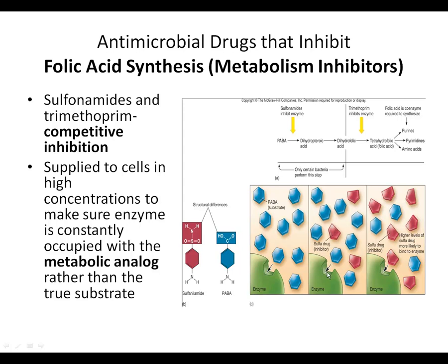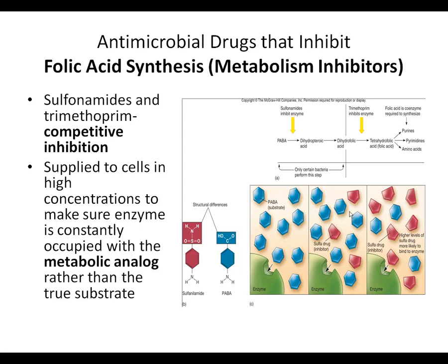This sulfa drug binds into the enzyme, and the substrate can't bind, so you get no product. You're going to have a constant flow of the sulfa drug so that it can continually occupy that enzyme for the treatment, so that folic acid doesn't get made, and you begin to decrease the number of bacteria that you have in your system.